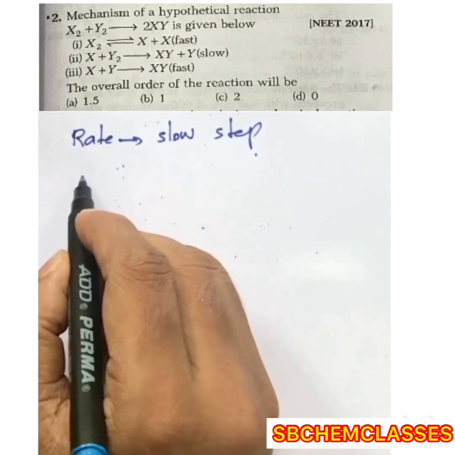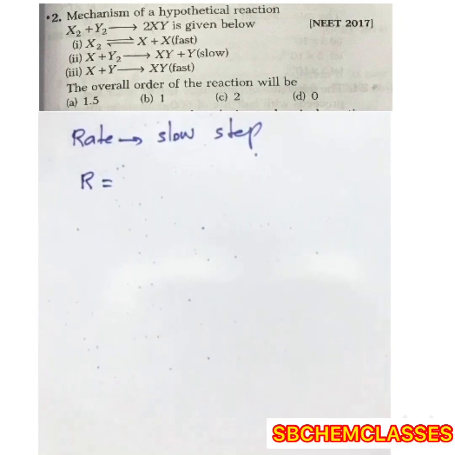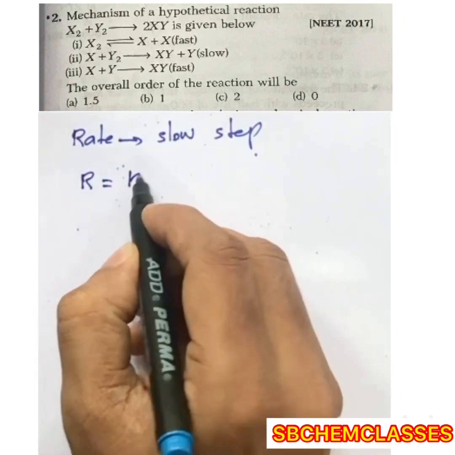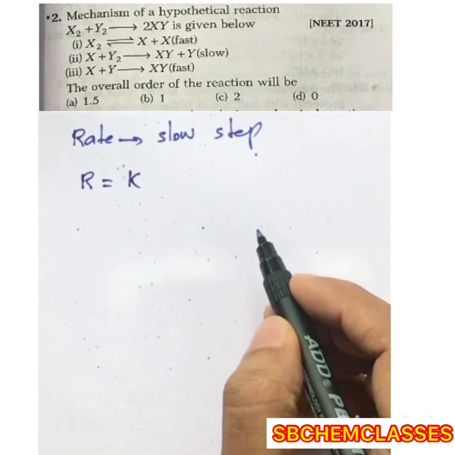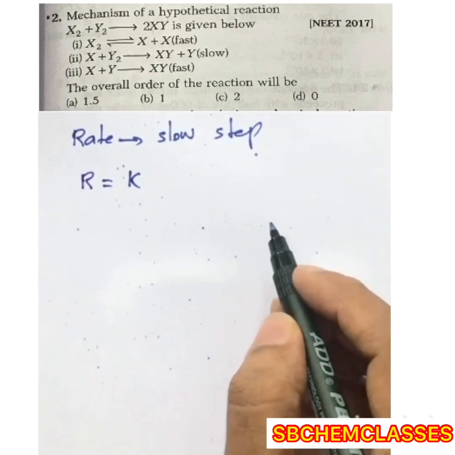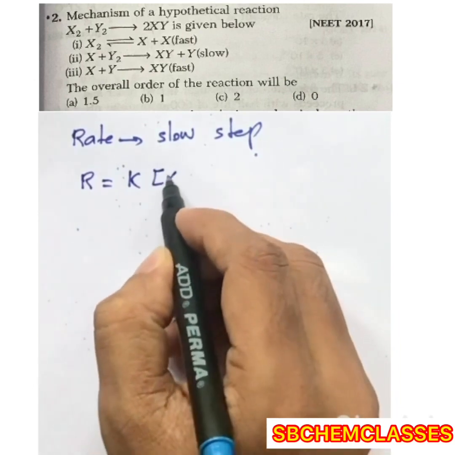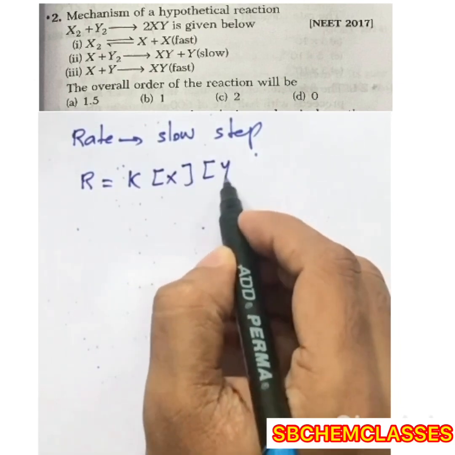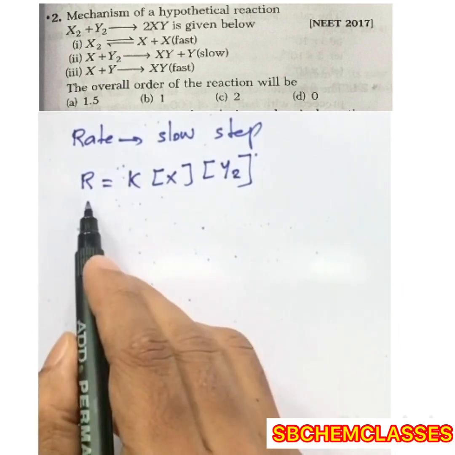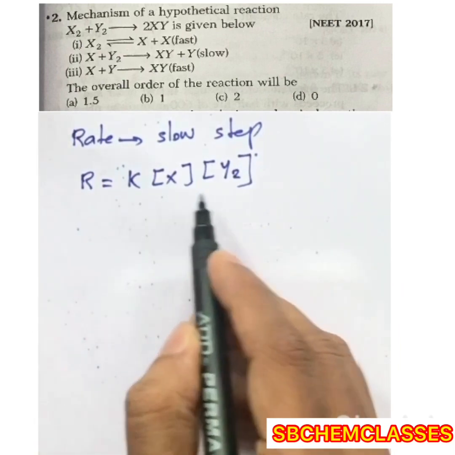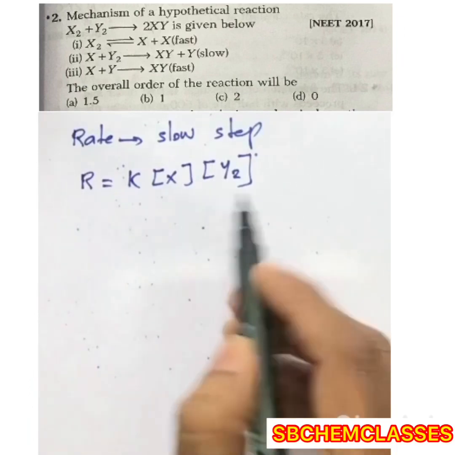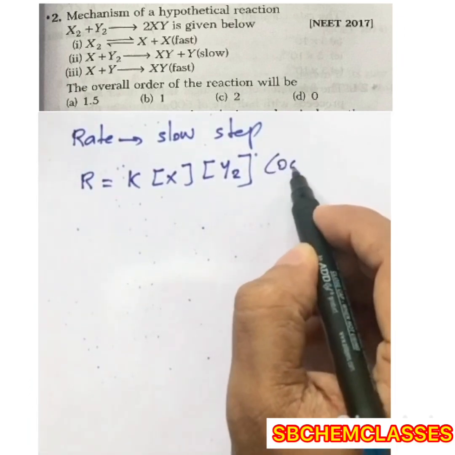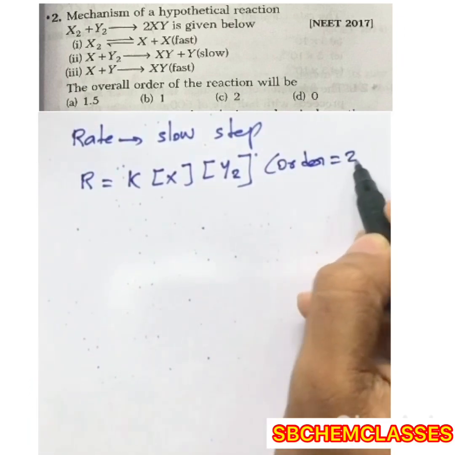So I am writing that rate of reaction equals rate constant into what are the reactants in the slow step? X and Y2. Rate is equal to K into concentration of X into Y2. In this manner, order of reaction equals 2.